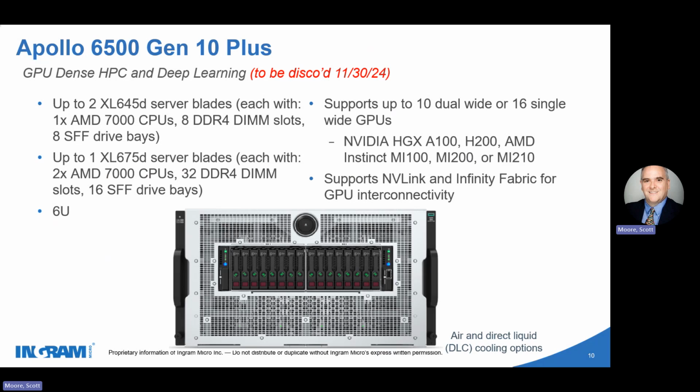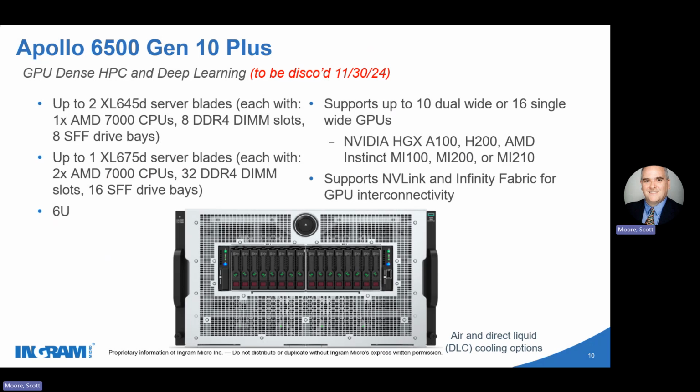This chassis is 6U tall, and I mentioned before that this was intended to be a GPU dense server. There's really nothing here that we explained so far that would separate this from a DL300 series server. 1 or 2 processors, decent amount of memory, some hard drives.